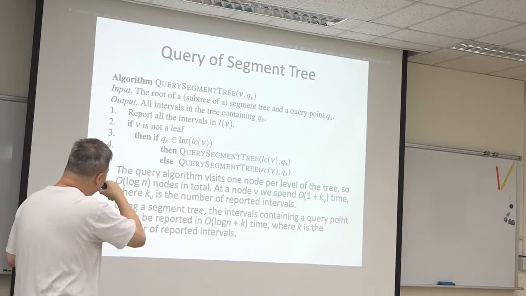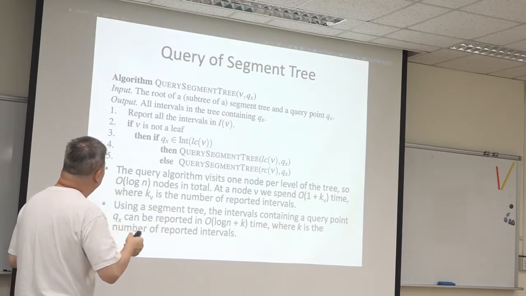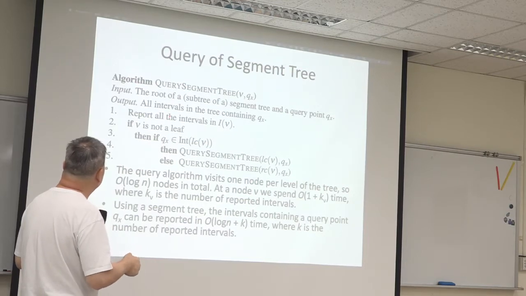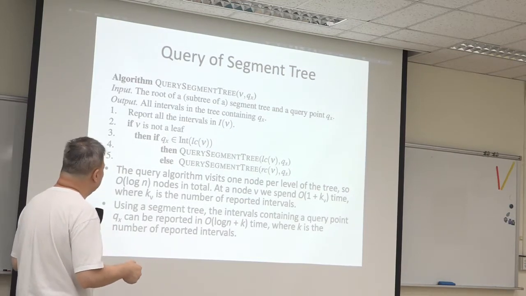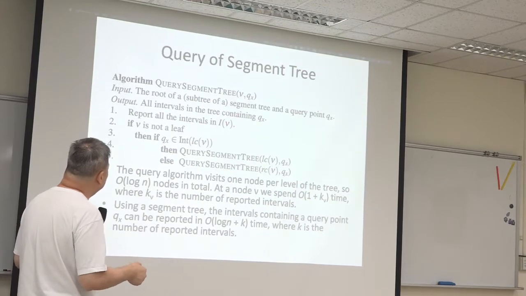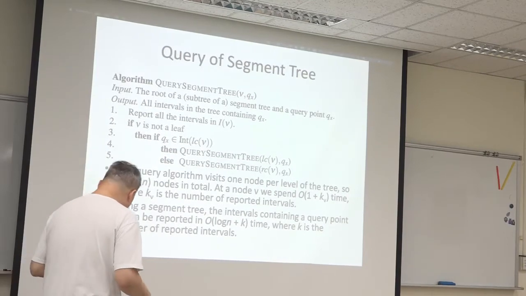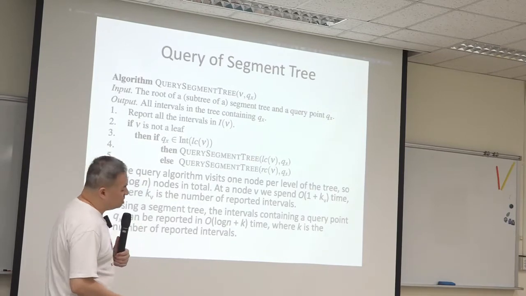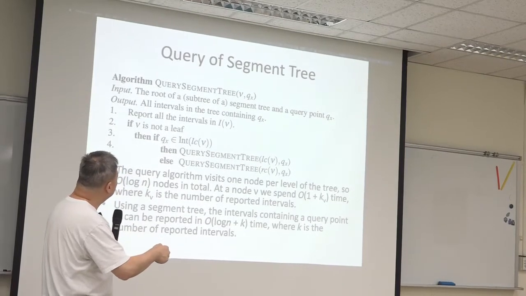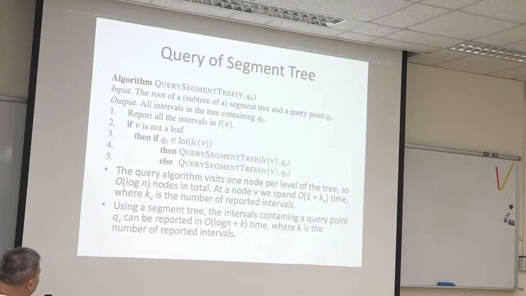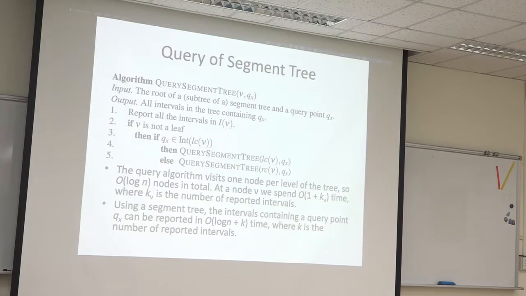So this is the algorithm for querying the segment tree. You can see that it's a very, very simple one. Given the node V, which initially is the root of the segment tree, and the query point QX, we want to identify all the intervals that contain QX.